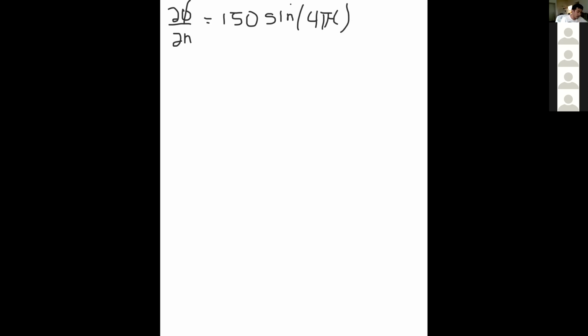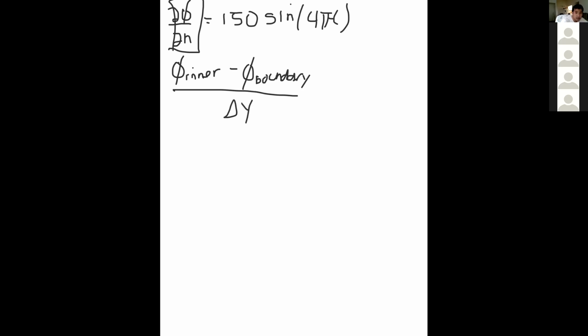Just like we always do with these Neumann conditions, we take this derivative and approximate it with finite differences. So we're going to say phi at the inner minus phi at the boundary, all over delta y in this case, since it's on the bottom face. And this is going to be equal to 150 sine of 4 pi t.